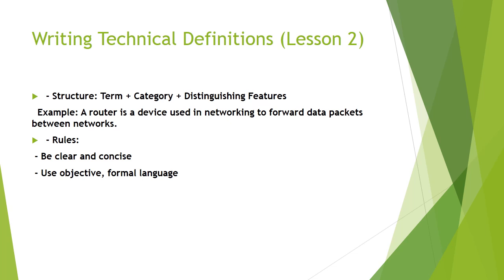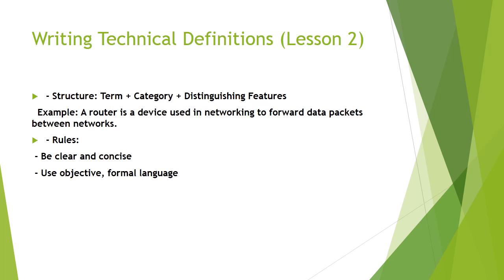That is to say, an ICT term, like for example a router, and then we need to mention its category. Is it a device? Is it a software or something else? Here, a router is a device. What is its distinguishing feature? That is to say, its function, or what is it used for? Here, a router is a device used in networking to forward data packets between networks.